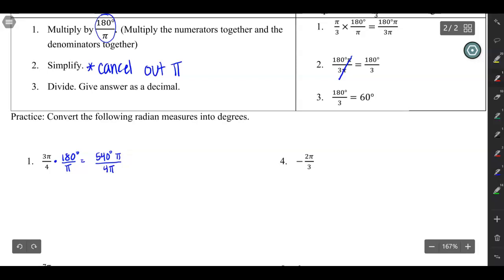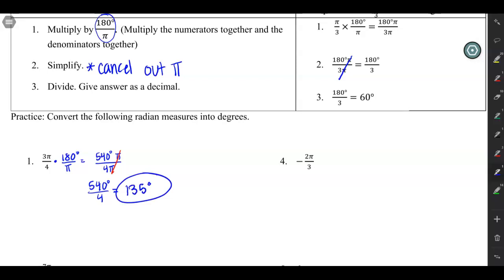I'm going to go ahead and cancel my pi's out. So I'm just left with 540 degrees divided by 4. Then I'm just going to punch that into my calculator, and I get 135 degrees. And that is my degree measure.